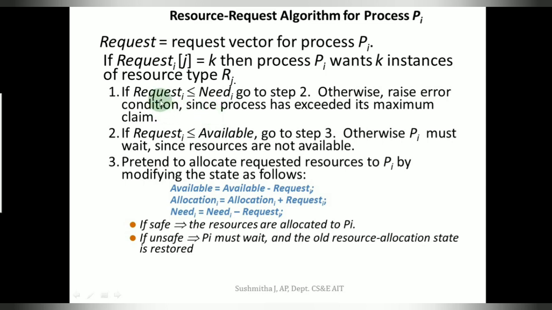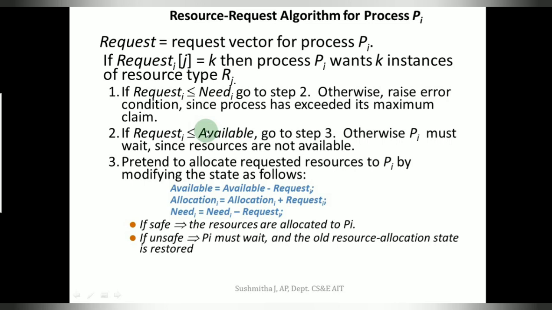So if the new request is greater than the need, probably it has exceeded the maximum claim, which is an error. Now, if it is less than the need, the next thing that we do is we check if it is less than the available also.